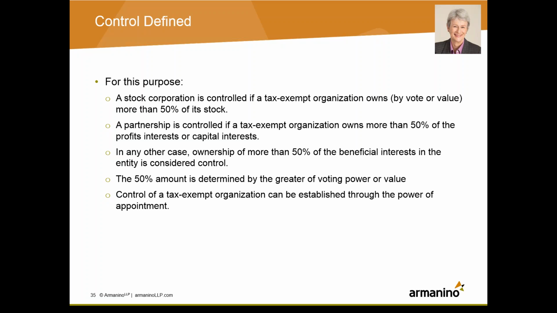And if they own 51%, they're in control. Similarly, with a partnership, we again have the 50% threshold, and it'll be the profits interest or the capital interest, because that's how partnerships are owned. And in any other case, when you have more than 50% control of the beneficial interests, you're going to be considered in control. And then you usually find that in the trust context.